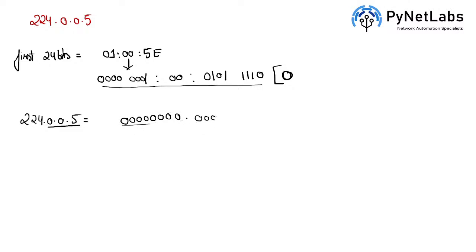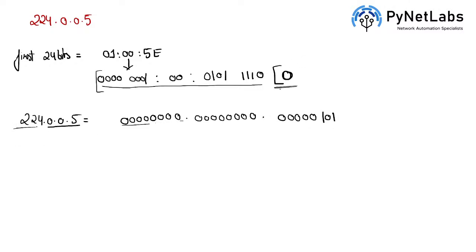Then again 8 bits. Then in the last we have 5, so 1, 2, 3, 4, 5 and we use 1, 0, 1. So this will be the conversion for 0.0.5. I'm not converting 224 because I have the first 24 reserved bits here, and the 25th I know is 0.